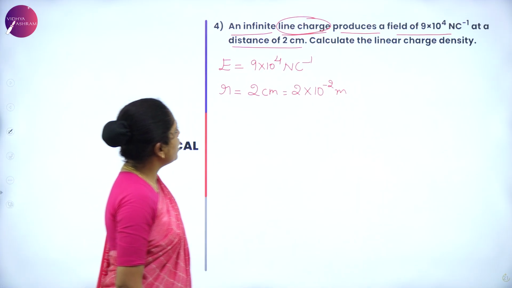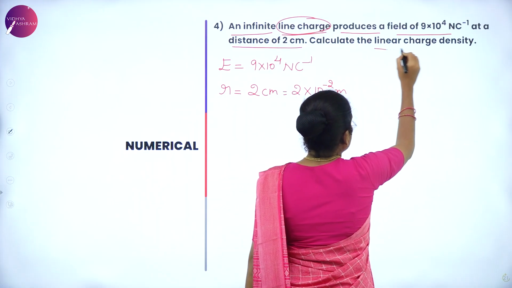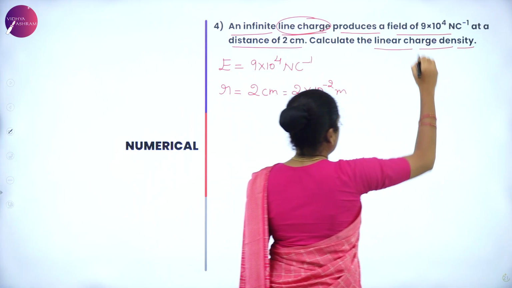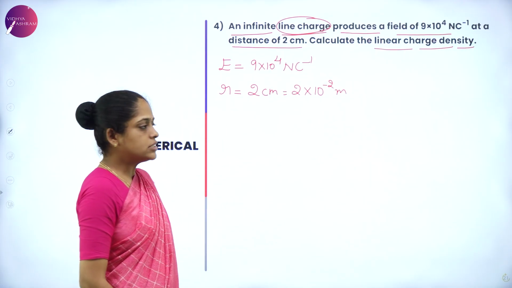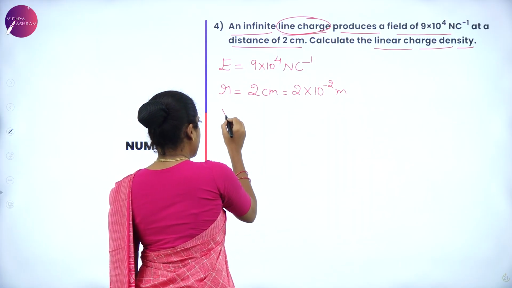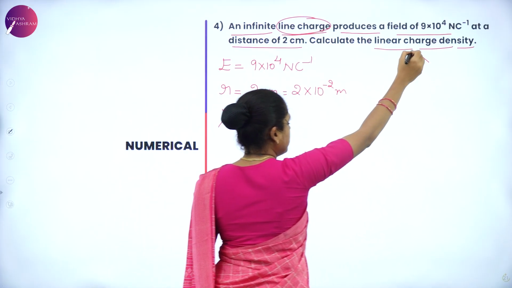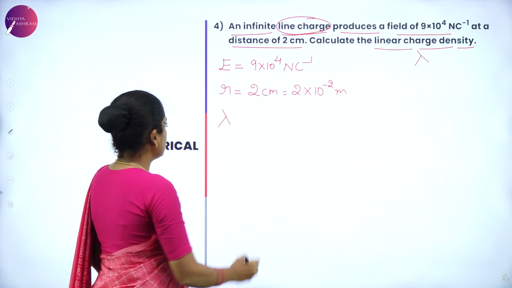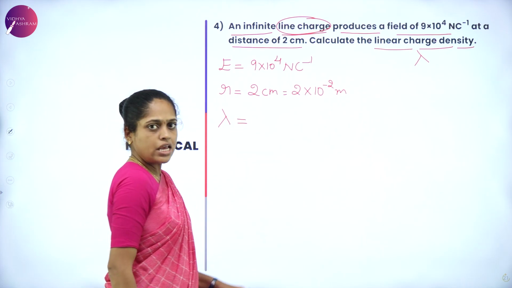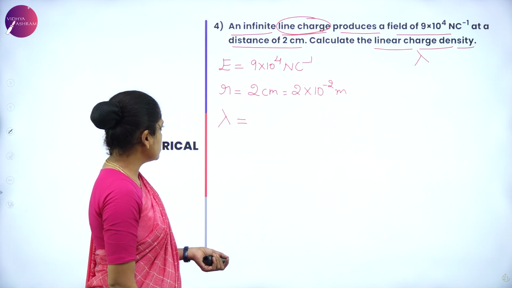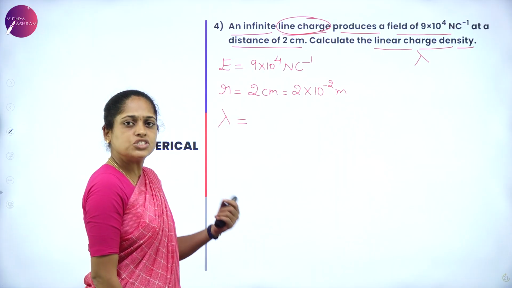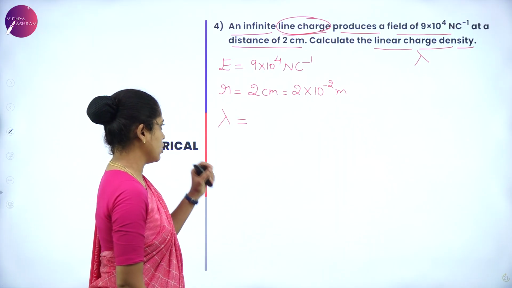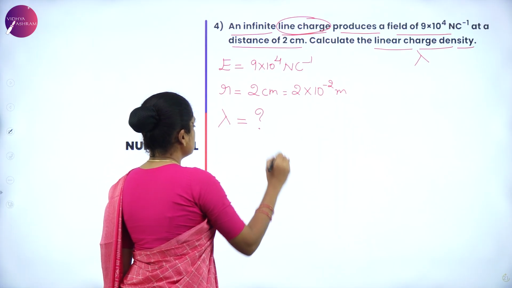Using this data, you need to calculate the linear charge density. So you know that linear charge density is denoted by lambda. And what is linear charge density? Linear charge density is nothing but the charge per unit length. So we need to calculate this.